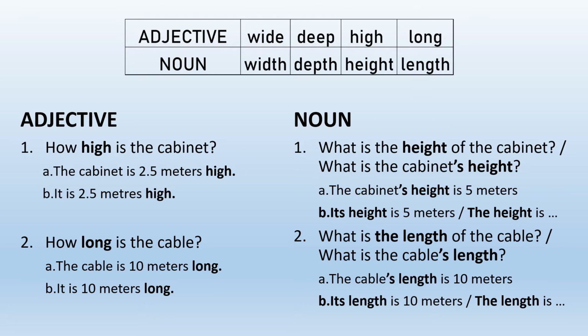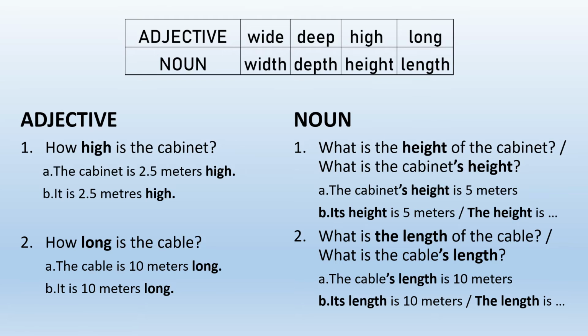Now we are going to use the word high and height. Look at number 1 for adjective. How high is the cabinet? The cabinet is 2.5 meters high, or it is 2.5 meters high. Look at the noun one.